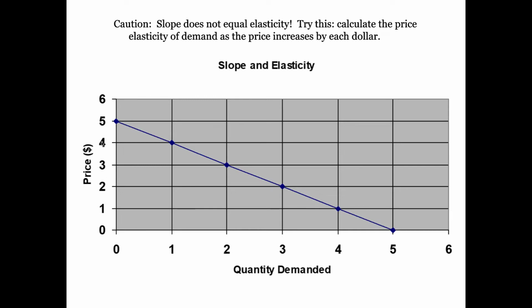Whereas if we go from 4 to 5, that's a 25% change in the denominator. So as we move up this curve, the percentage change will get smaller. But as you go down here, the percentage change will actually get bigger. So just note the changes.